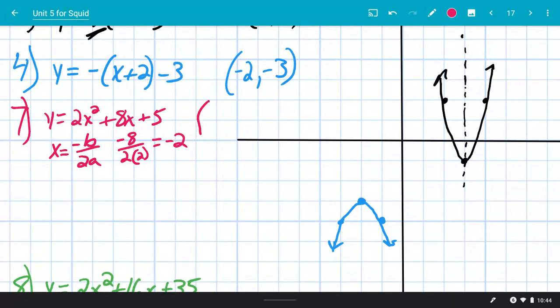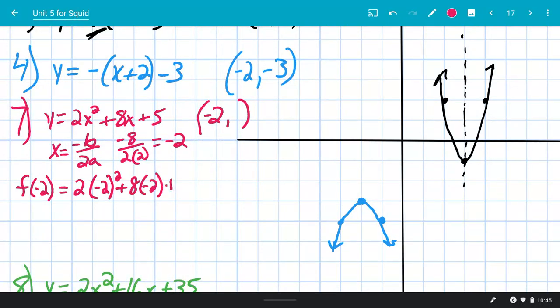Now that tells me the x value of my vertex, but I still don't know my y. How do I find my y? Well, that's easy. We've been doing that all year. Plug it in. F of -2 then equals 2 times -2 squared plus 8 times -2 plus 5.